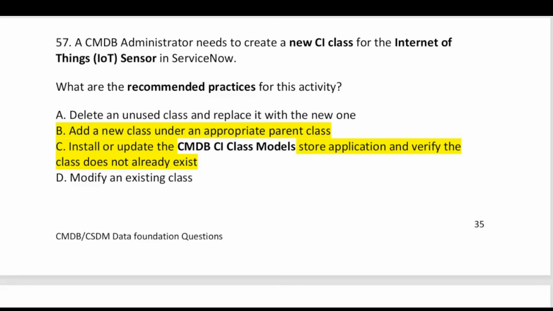Option B. Add a new class under an appropriate parent class. Option C. Install or update the CMDB CI class models, store application, and verify the class does not already exist. Option D. Modify an existing class. Correct answer is option B and option C.